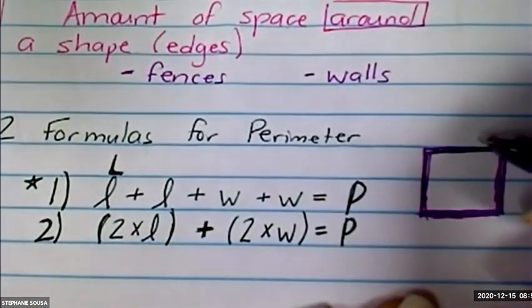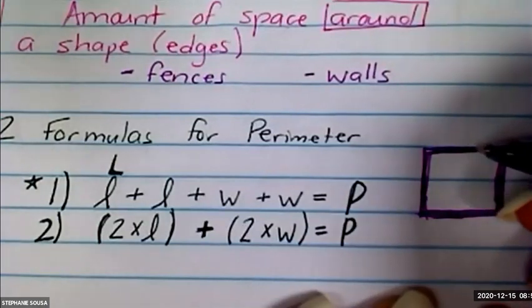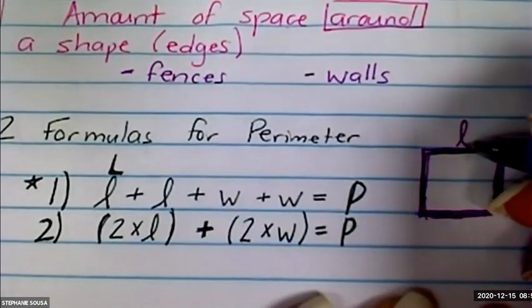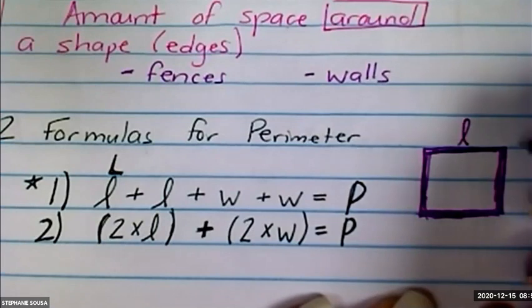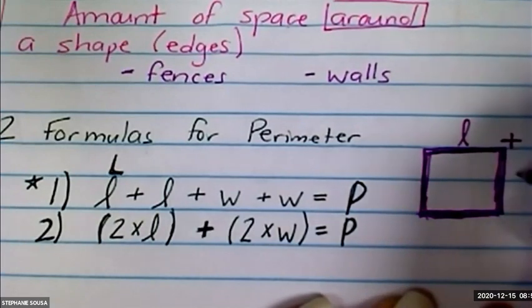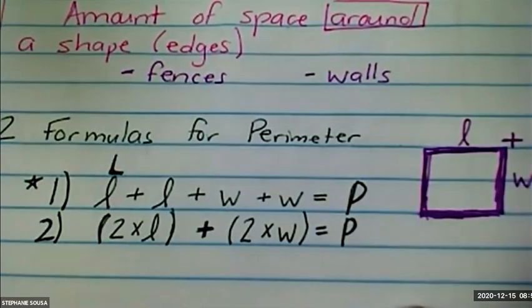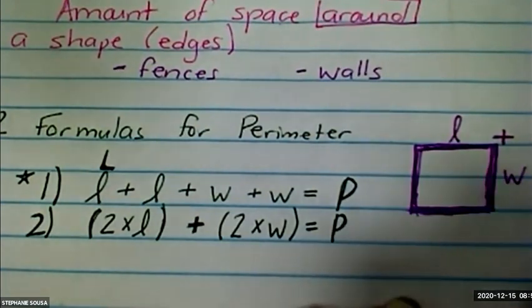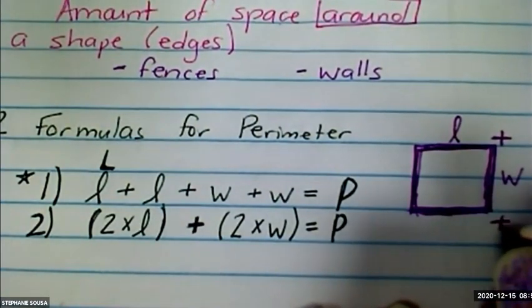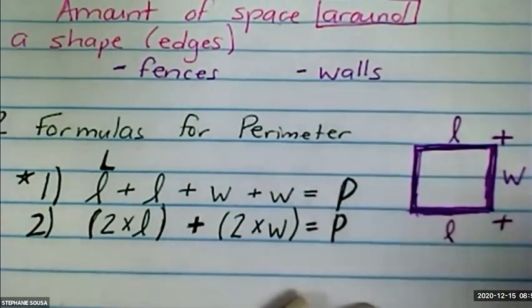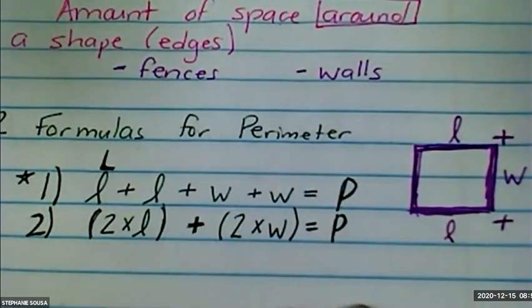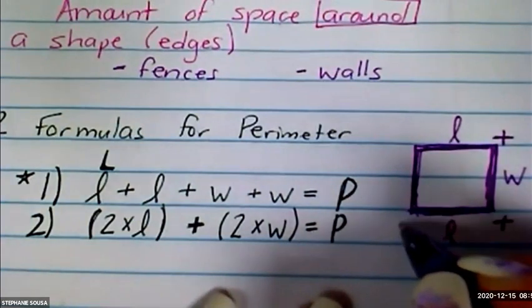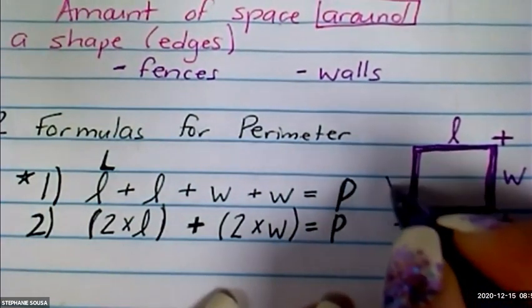Alrighty, so I'm going to label this with my addition symbols. So we know that our length is going to be plus our width, which is going to be plus the other length, which is going to be plus the other width.